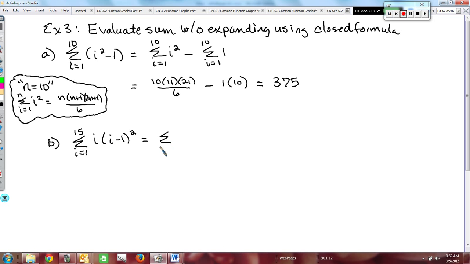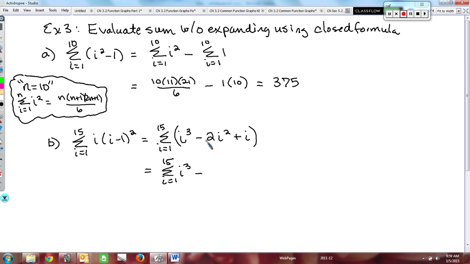So we come in here and we go, let's go ahead and do the algebra 2 skill. If I FOIL this out and multiply by i, and I'll leave it to you to verify, you'd get i cubed minus 2i squared plus i. I like to put parentheses to make sure that I'm including everything there. And then once I get to here, now I have a sigma with sums and differences, so I distribute the sigma through. i equals 1 to 15, and it's more tedious just writing it.